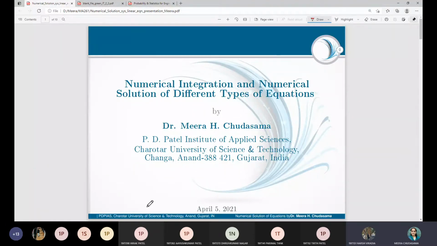Thank you. Okay, so yesterday we started with the numerical solution to the system of linear equations, right? In which we saw the Gauss-Jacobi method, for which the convergence condition has to be satisfied, meaning the leading diagonal elements have to be dominant with respect to their respective row entries, right?